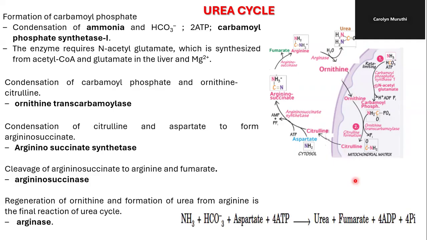So we can summarize that reaction as ammonia plus bicarbonate plus aspartate and ATP molecules to generate urea and fumarate, which may enter the Krebs cycle, ADP, and also inorganic phosphate.